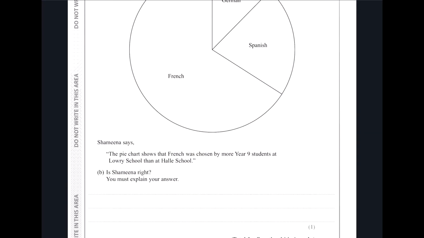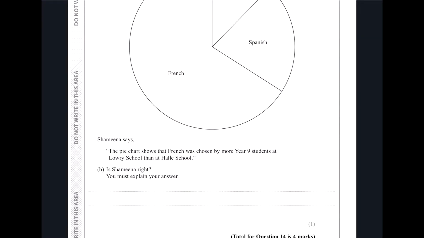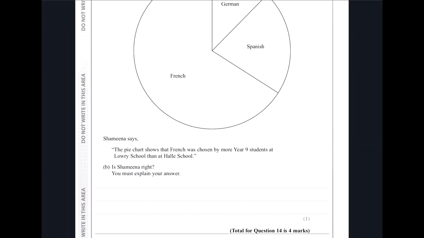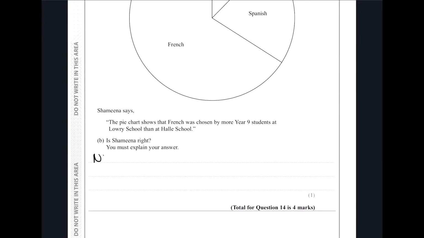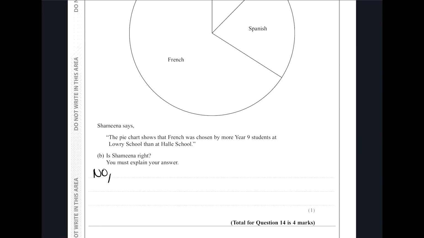But from that alone, can you judge whether more or fewer students studied French? Well, the actual answer is no. The reason is that even though you know the region is bigger, you don't know what that means in terms of the number of students.